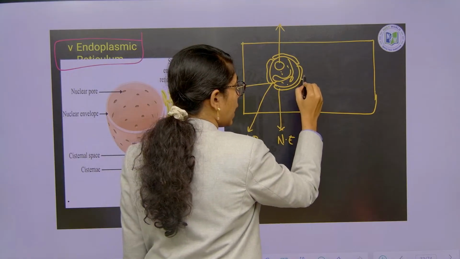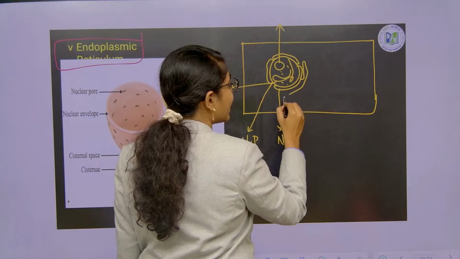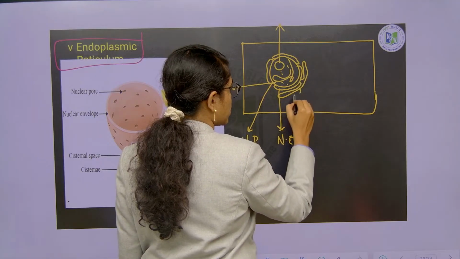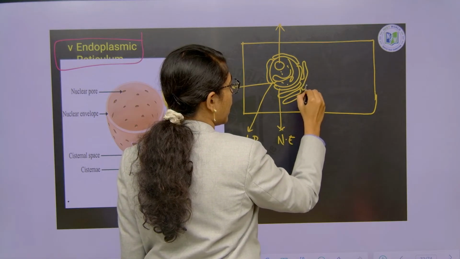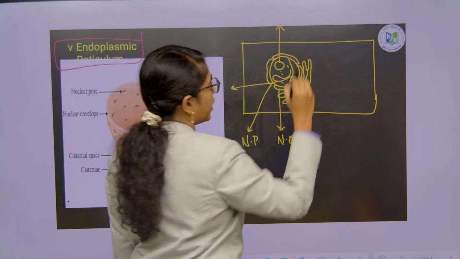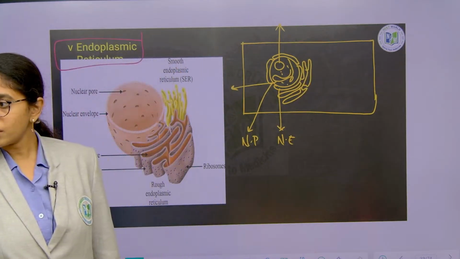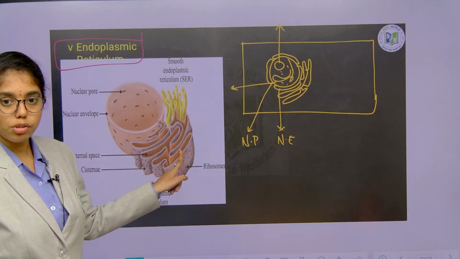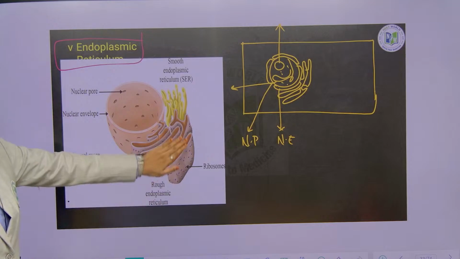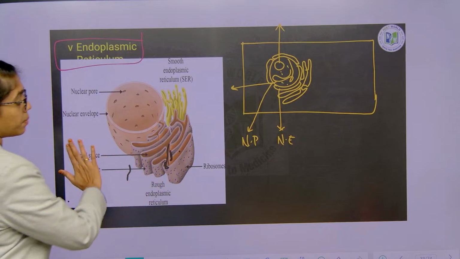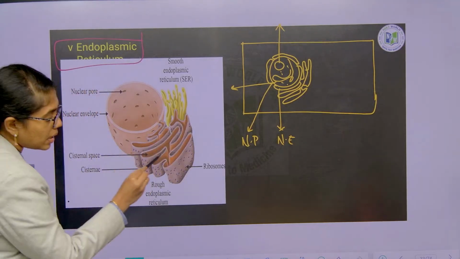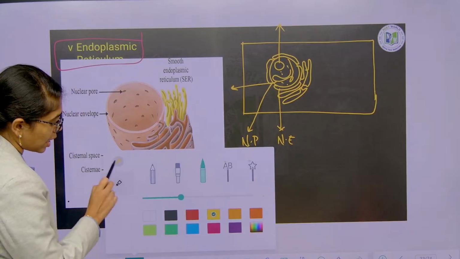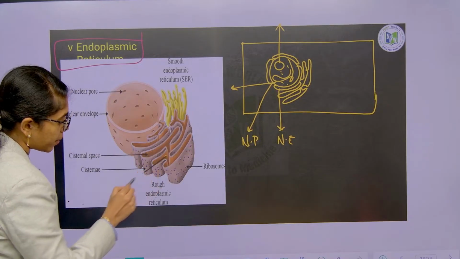Extensions of the nuclear envelope will form a reticulum like structure like this. Those reticulum like structures are the endoplasmic reticulum. Can you see? This endoplasmic reticulum will divide the cytoplasm into 2 compartments. This inside compartment is addressed as the luminal compartment.